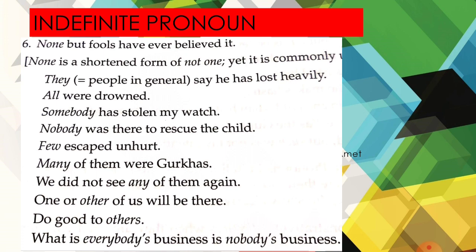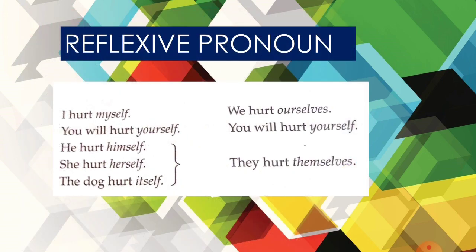Let us move on to reflexive pronoun. We have already seen that reflexive pronouns are used when the action done by the subject turns back or reflects upon the subject. In simple words, you can see here, I hurt myself. So I and myself, subject and object refer to the same person. You will hurt yourself.